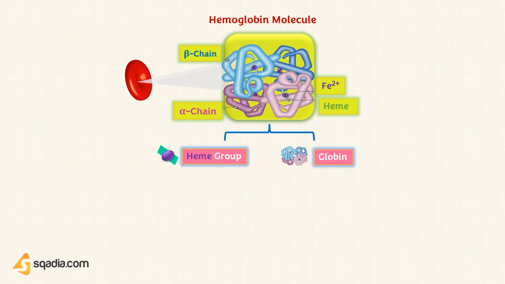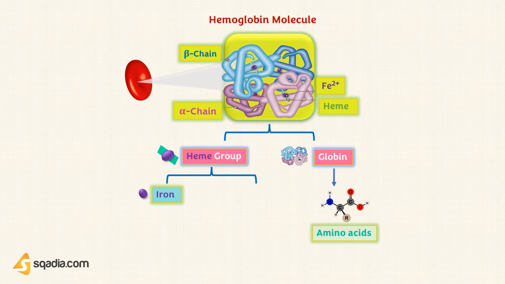Various enzymes such as peptidases convert globin into amino acids. On the other hand, heme group is broken down into iron and bilirubin.